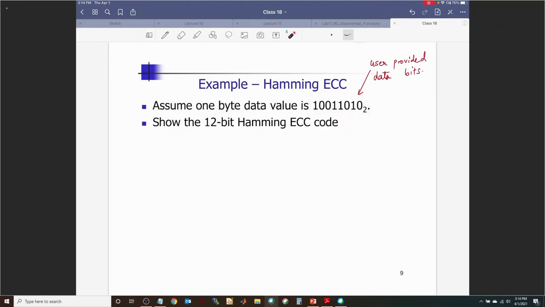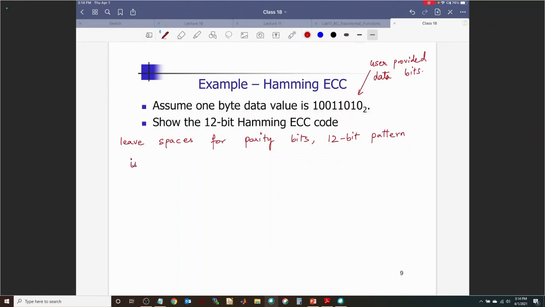So I'm going to start off by leaving spaces for parity bits. We are going to get a 12-bit pattern here. Why 12-bit? Because we have 8 bits from data and 4 bits from redundant parity bits.